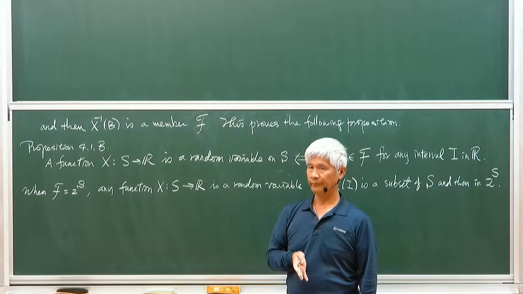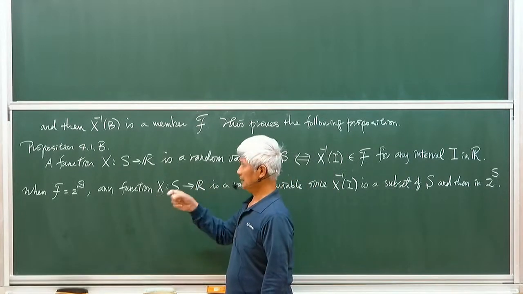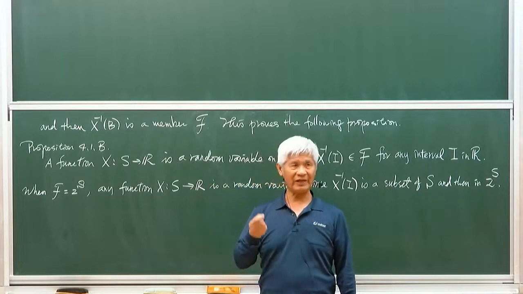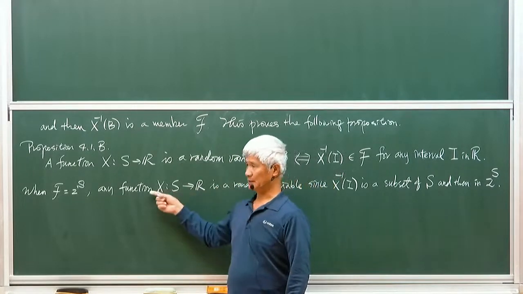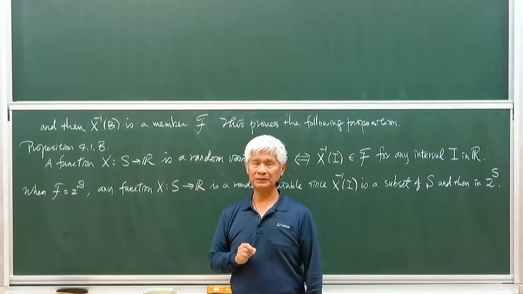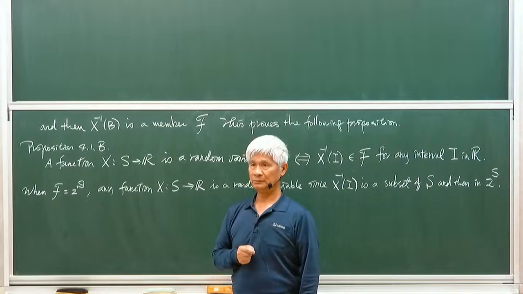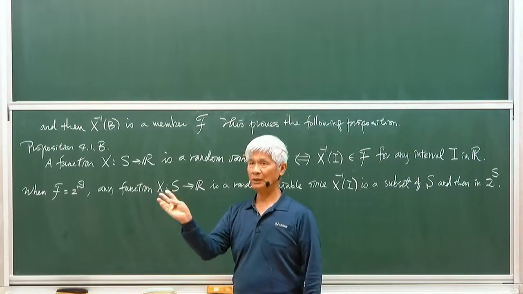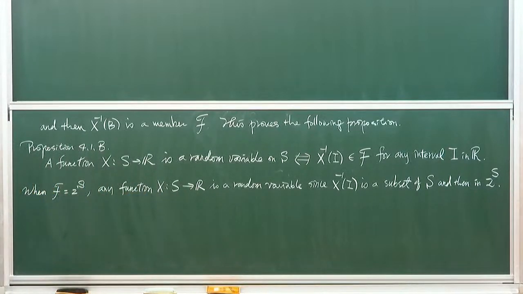In high school, we usually study random experiments with finite sample space, and so any measurement on the outcomes of the random experiments gives us a random variable. That is true. So in high school, you don't need to worry about the so-called general probability we require here.